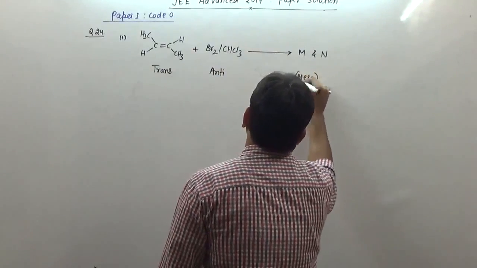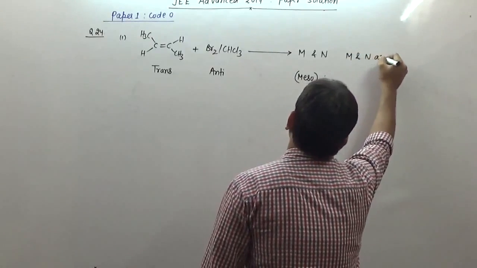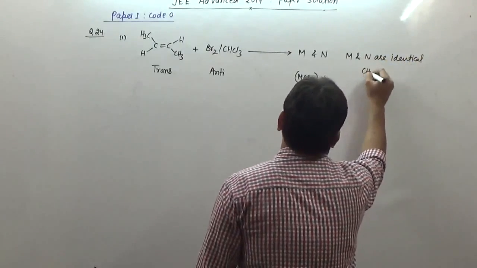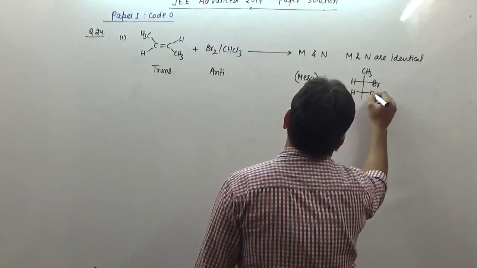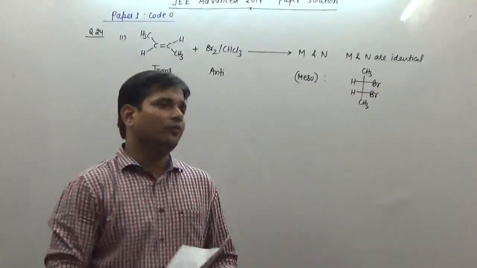So M and N are the same compound, basically identical, and they are nothing but this one: H, Br, H, Br and CH3.